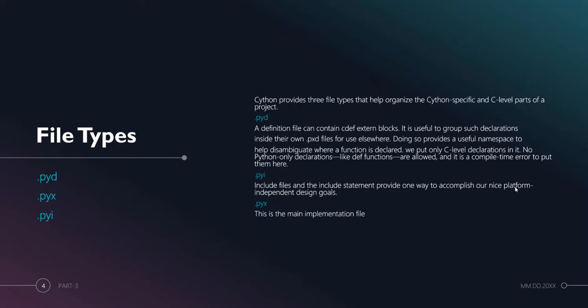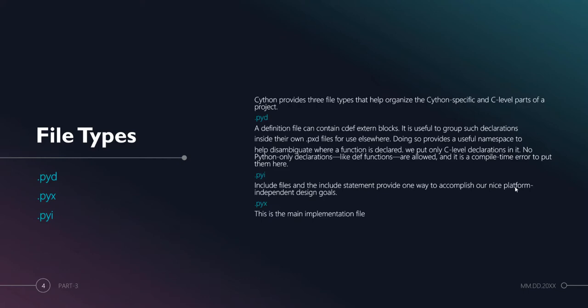Then the .pxi files are the include files. This can have various use cases, but one use case can be when we want to accomplish a nice platform independent design goal. We can have different include files that support different APIs depending upon the platform, and then we can check on which platform this code is running, and include one or the other according to the platform.